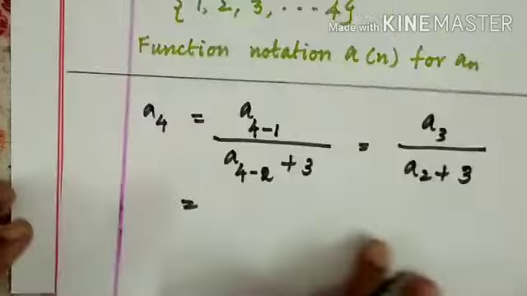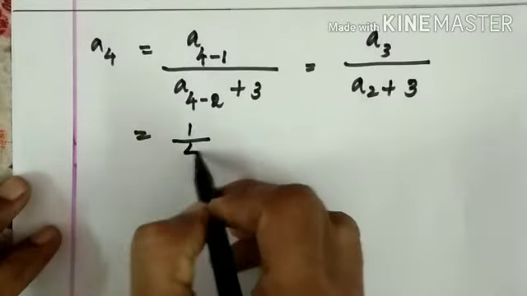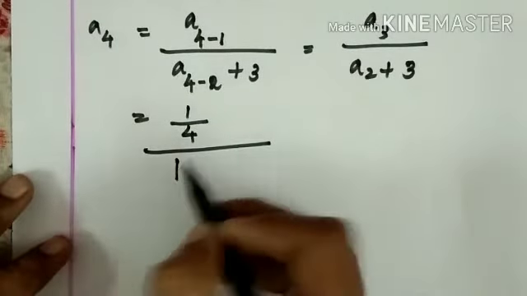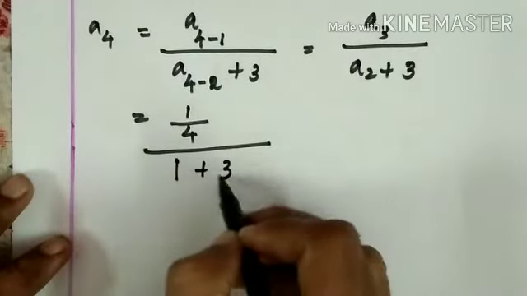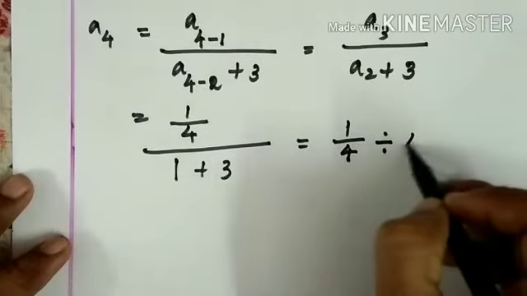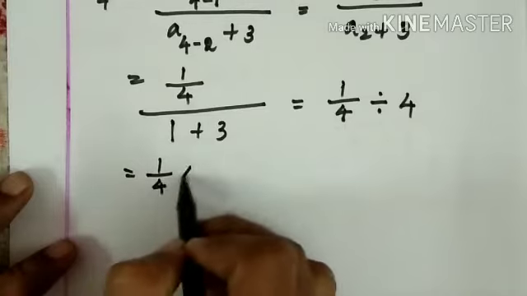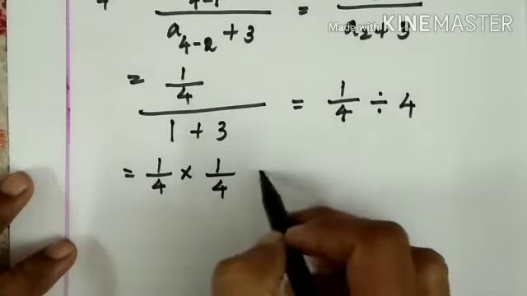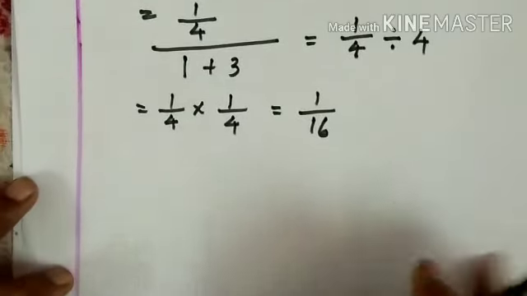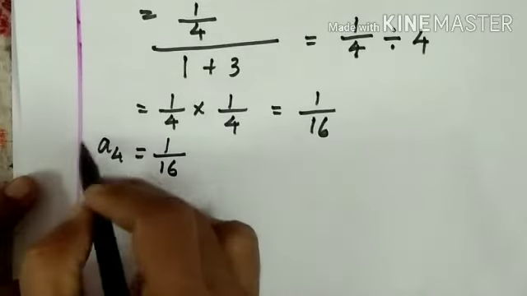So instead of third term, you have to apply 1 by 4, by, for A2 you put 1, it is given in the question, plus 3 is equal to 1 by 4 divided by 4. That is 1 by 4 into 1 by 4 is equal to 1 by 16. Therefore, fourth term A4 is equal to 1 by 16.